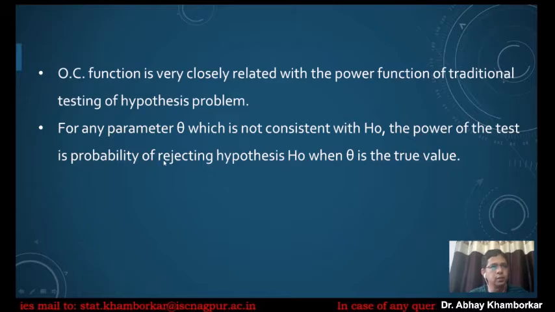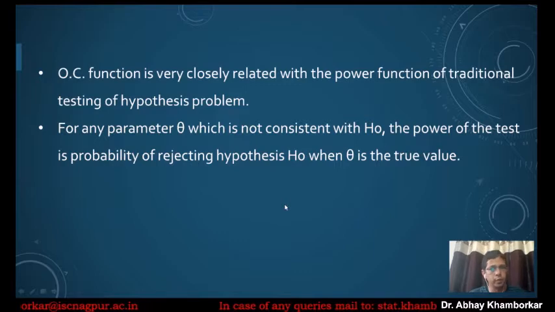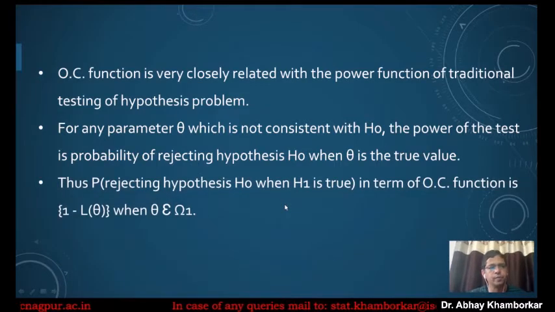The power of the test is probability of rejecting H naught when theta is the true value which is not consistent with H naught. So therefore this is nothing but the probability of taking correct decision, which is nothing but power of the test also.